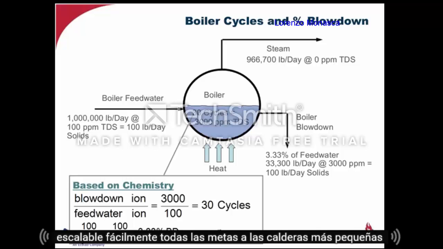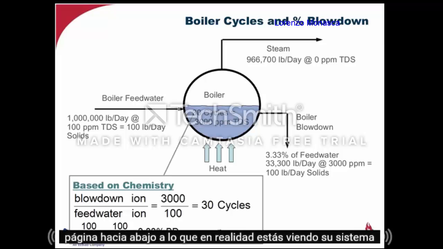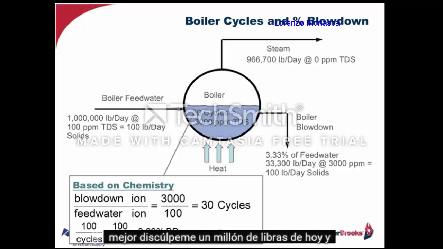As we go to smaller boilers, if your boiler is running at 1,000 or 100,000, you can easily scale our results on this page down to what you're actually seeing in your system. For a feed water flow of 1 million pounds per day and a concentration of 100 ppm TDS, we can concentrate up 30 times.